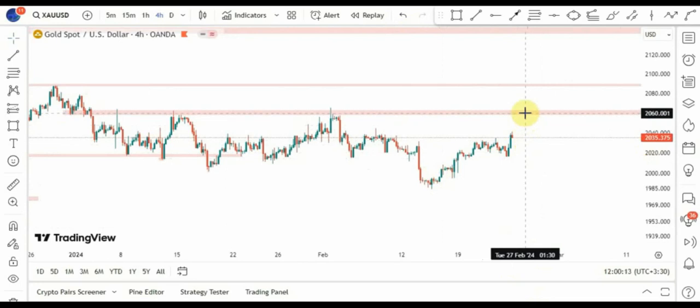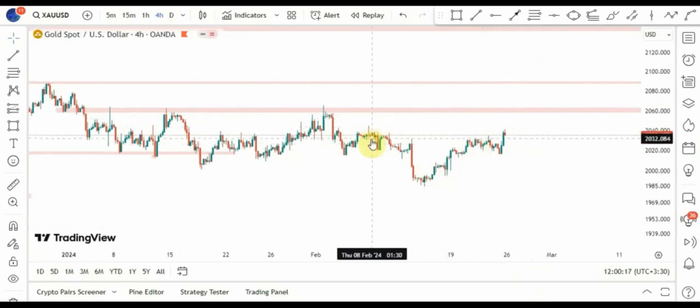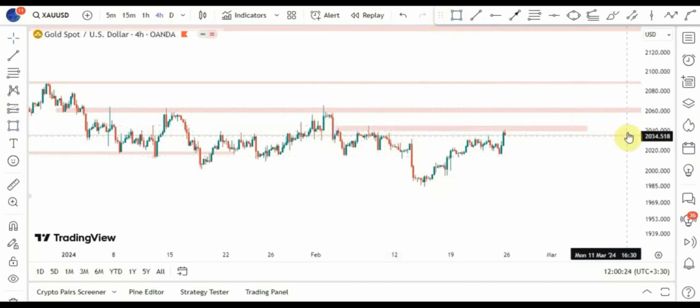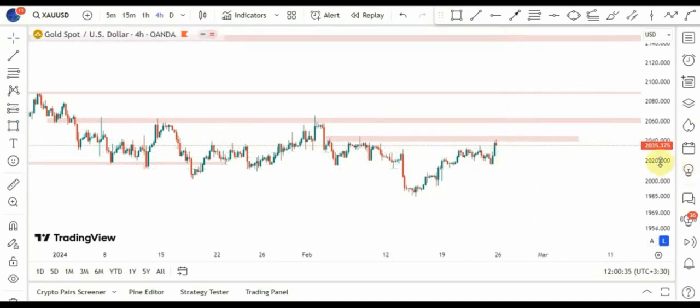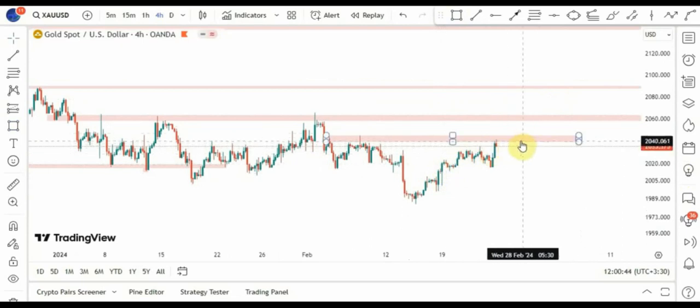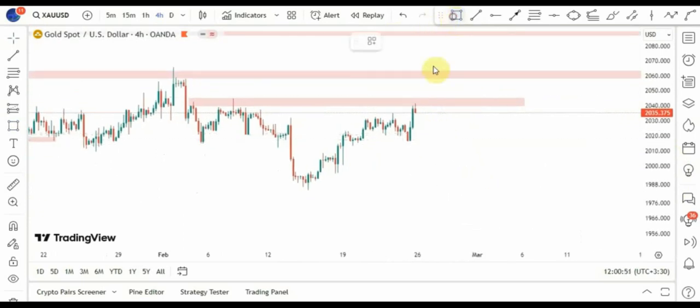But before that, we have a resistance zone right here, around 2042 to 45. This is a resistance zone on the way of gold. If the gold is not able to pass through this zone, then the gold will retrace till here first, right here, for the first time.